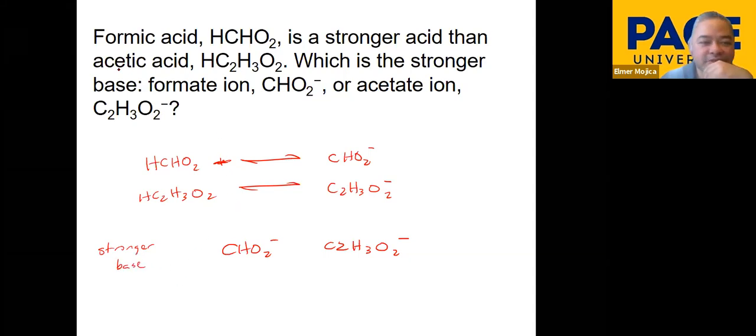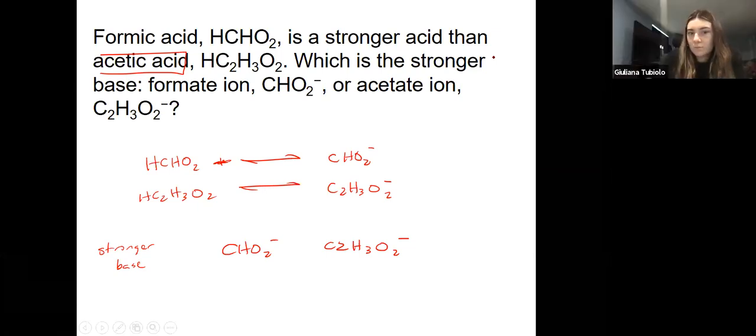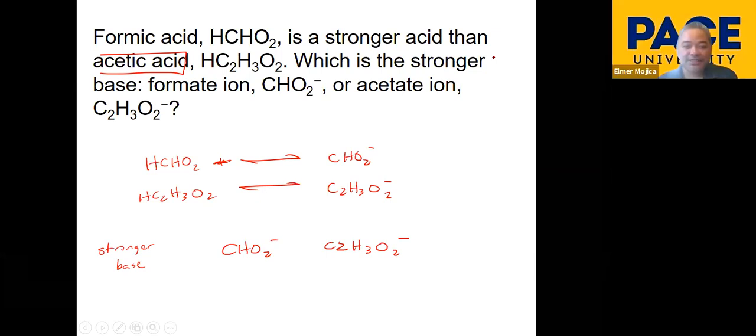So you're familiar with acetic acid, right? You can find acetic acid in what? Vinegar. Okay. Now how about formic acid? Do you think you have encountered it already?